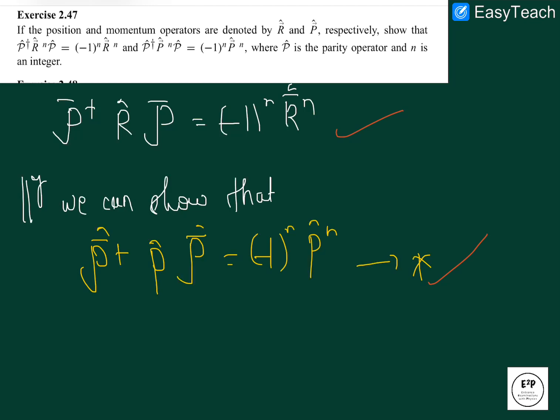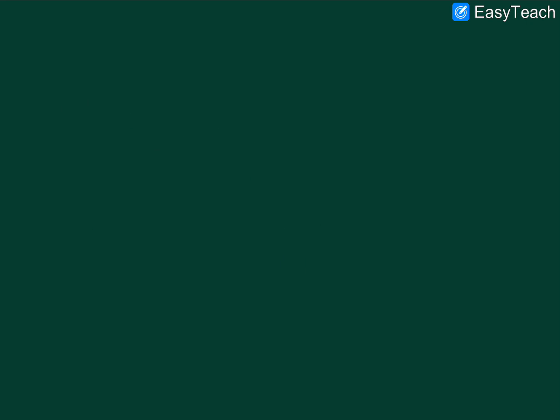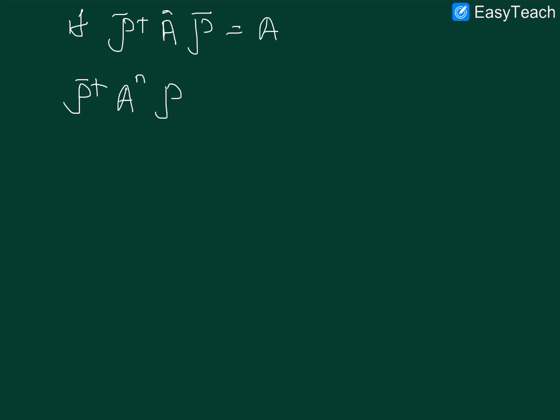One thing we can add: if P dagger A P is A, then P dagger A to the power n P is A to the power n.